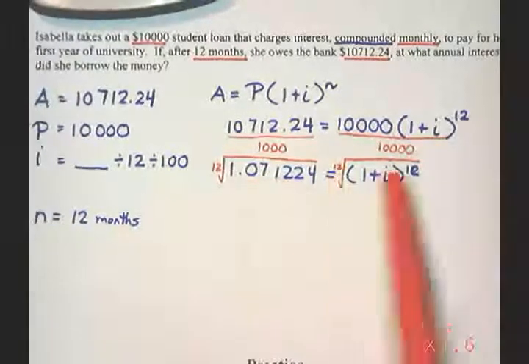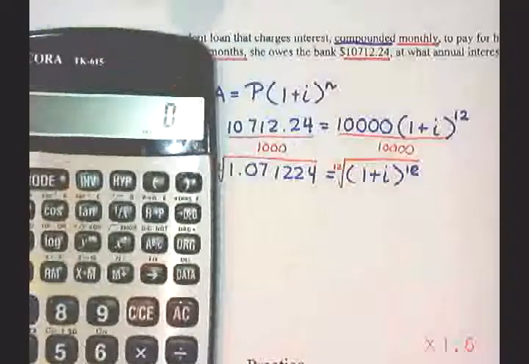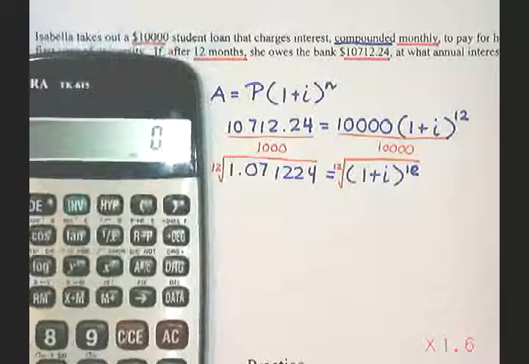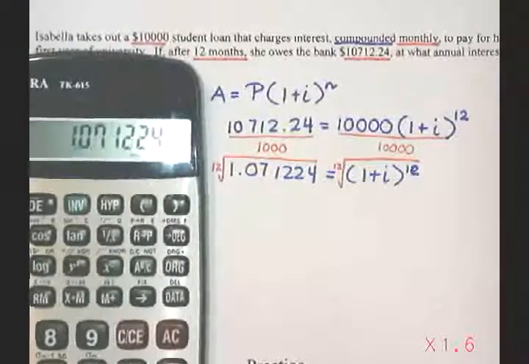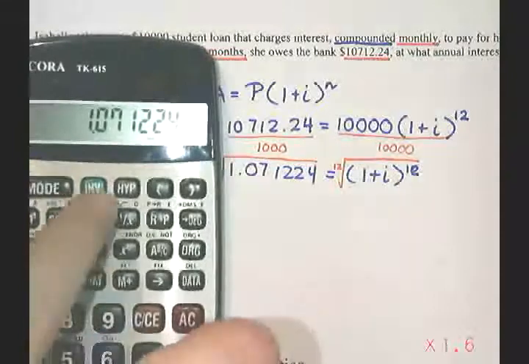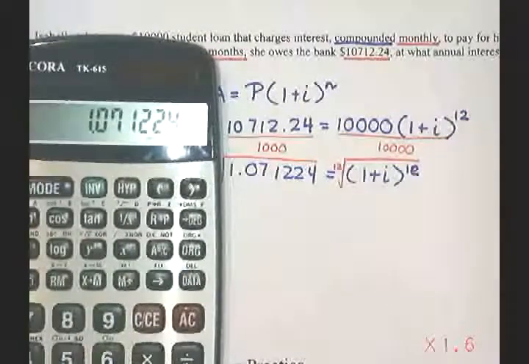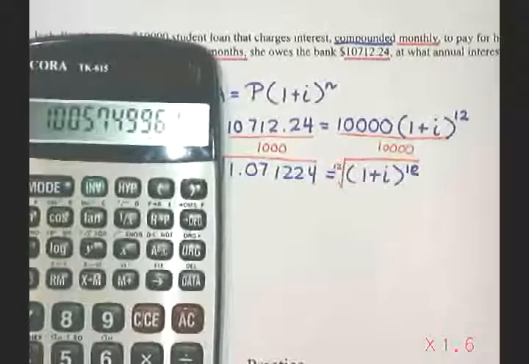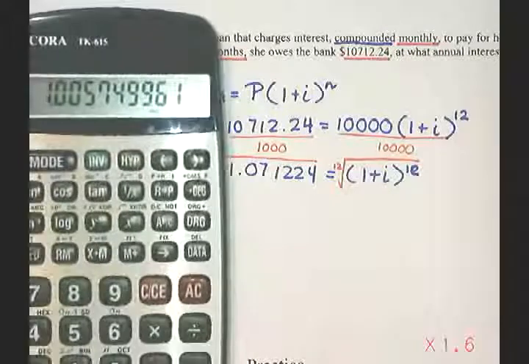So the 12th root here cancels out the power of 12, and the 12th root of this, well, I'm going to punch that back in. 1.071224. And then we've talked about how it's always the second function of your exponent button. So on mine, we're going to do inverse and the exponent button. And I'm going to put in 12. And I end up with 1.005749961.